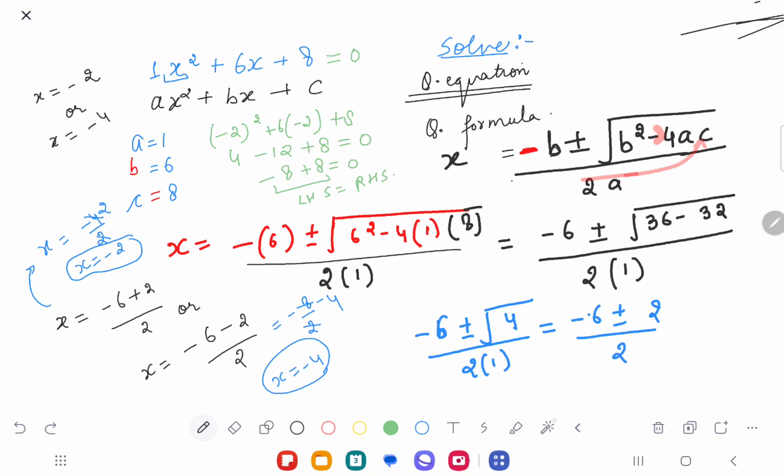So that means x equals minus 2 is satisfying this particular equation. Now, along similar lines, just verify for x equals minus 4. So what do you think we'll get? Put in the value of minus 4. So minus 4 square, in the place of x everywhere I'm going to put in this, plus 6 times minus 4 plus 8, and it is my LHS that I'm solving.